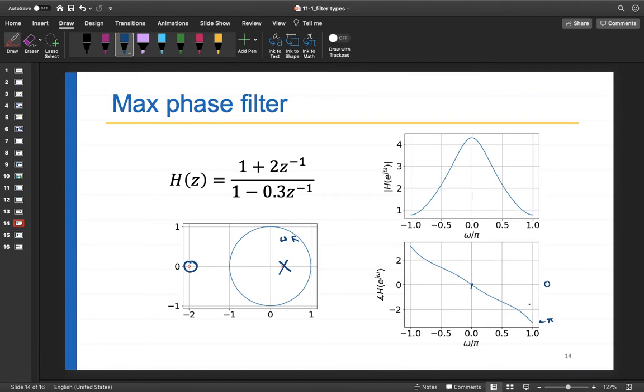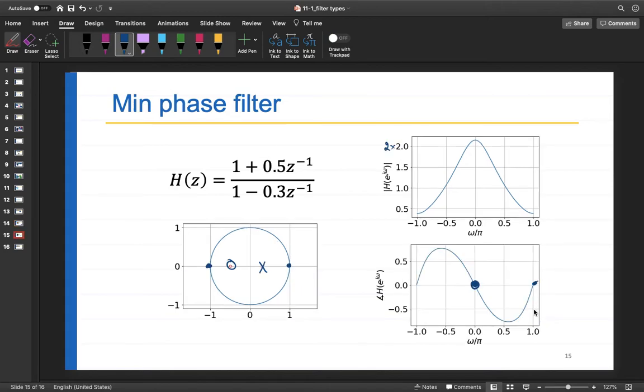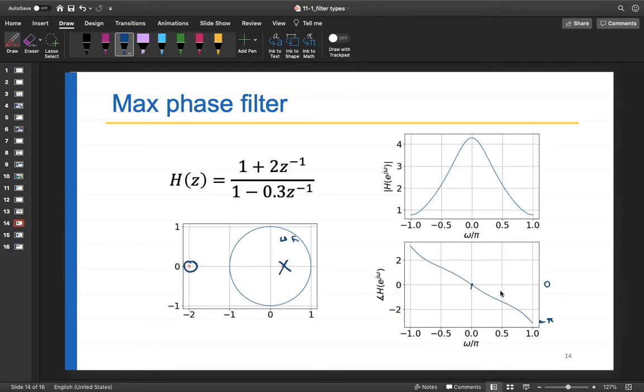So these frequencies are heavily distorted by the phase response, but these frequencies are less distorted. There is some distortion in this area, but that is why this system is called a minimum phase system. It causes the least amount of distortion of frequencies. That is the use.